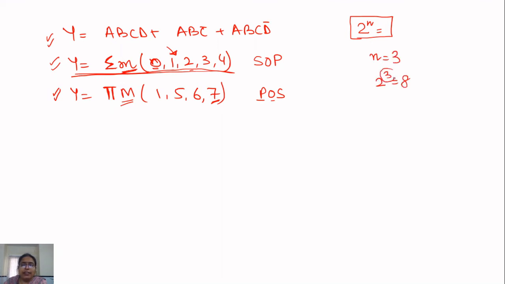If n is my number of variables, the maximum terms I can have is 8, and the terms will be from 0 to 7.